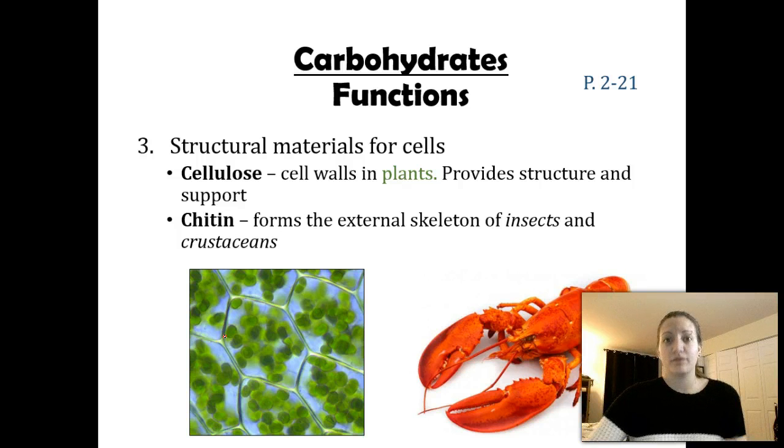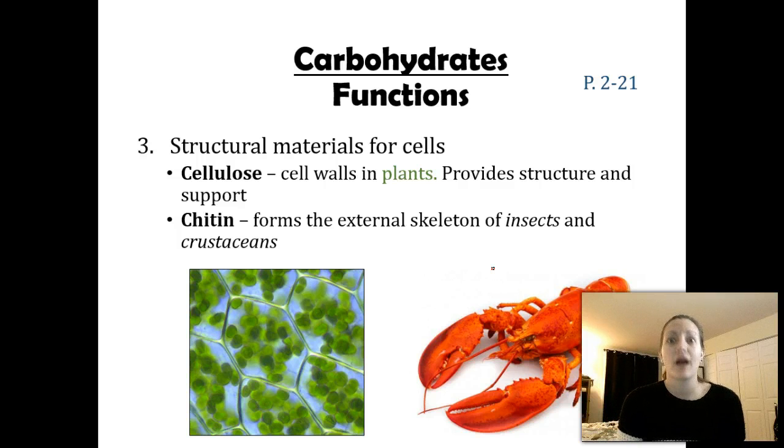Now, some organisms do use carbohydrates for this same function, as a supporting material. This word right here is pronounced chitin, and this is a carbohydrate that is really helpful in organisms with shells, such as this lobster, or crabs, or other crustaceans. It also forms a skeleton around insects.